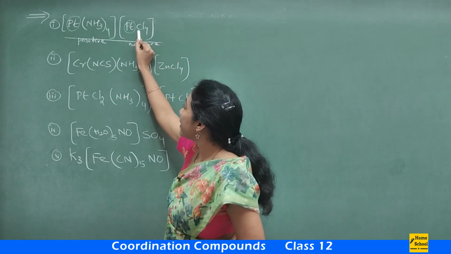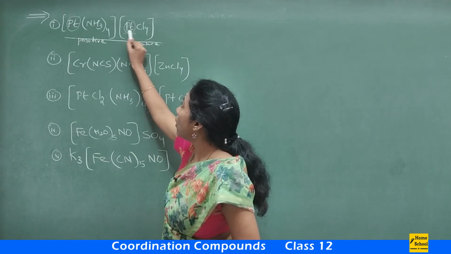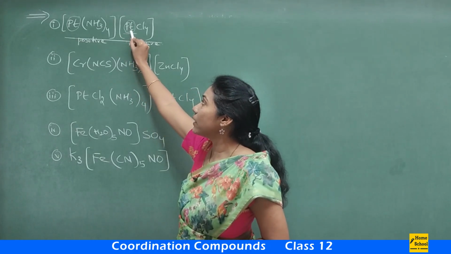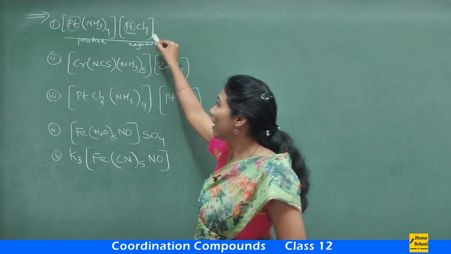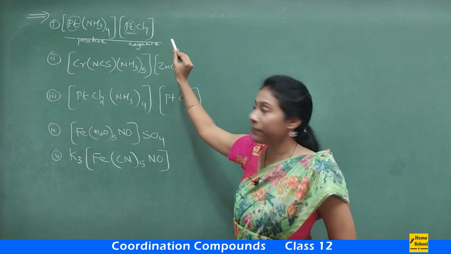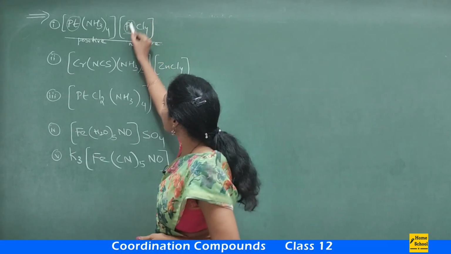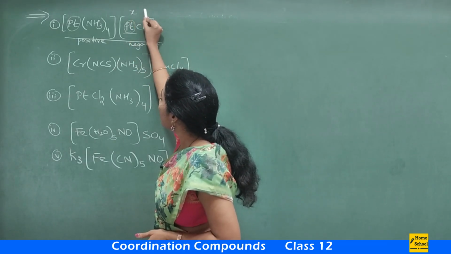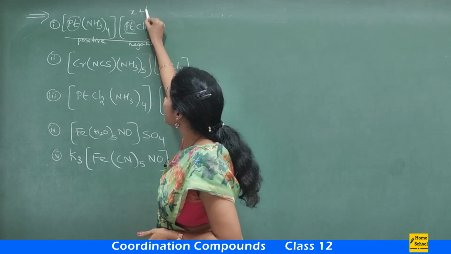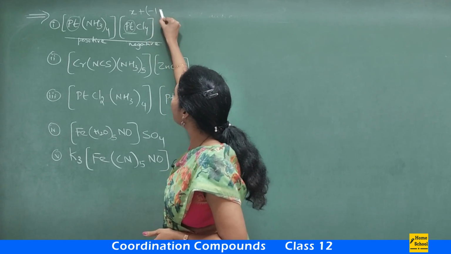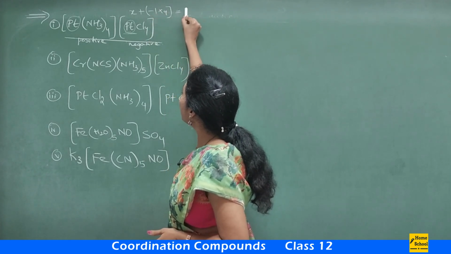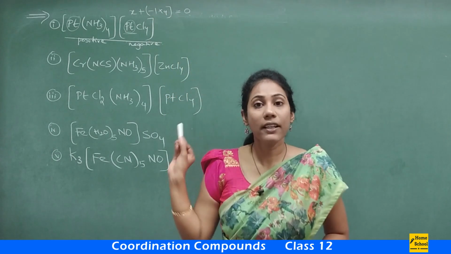Find the oxidation state of this particular central metal atom in the usual way. How do you find the oxidation state of this one? Just consider it as X, plus chlorine's oxidation state, which is -1, into 4. You equate it to 0.